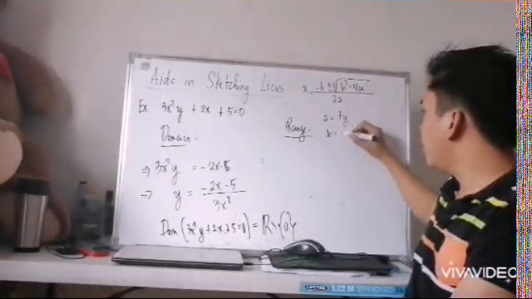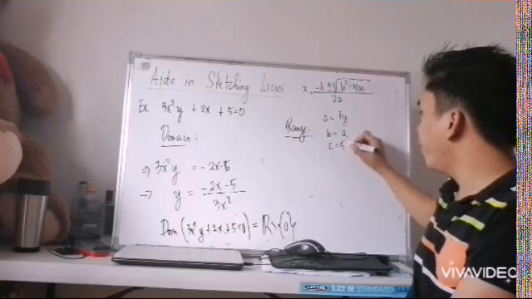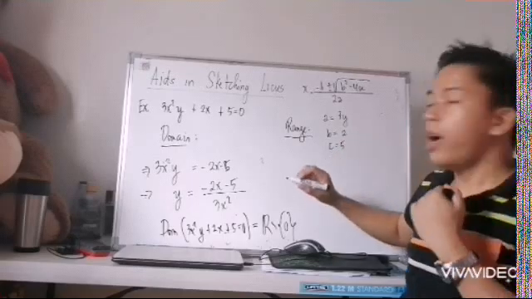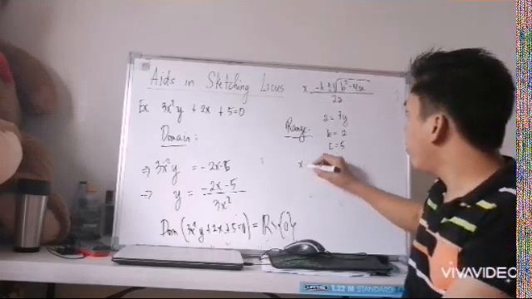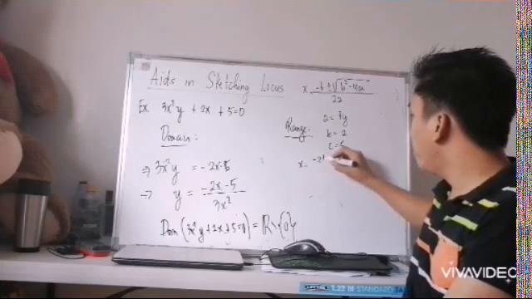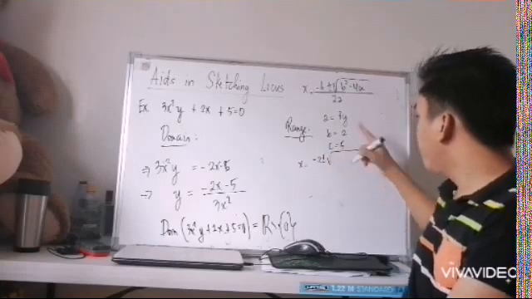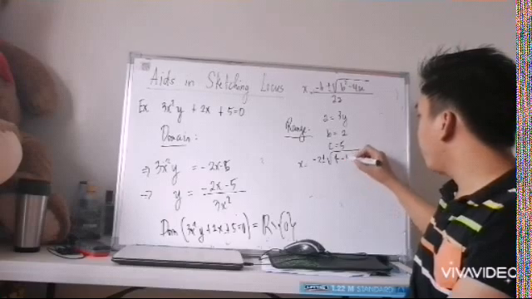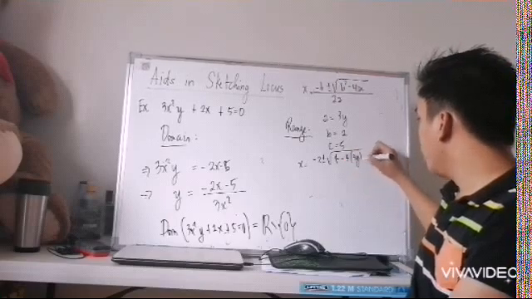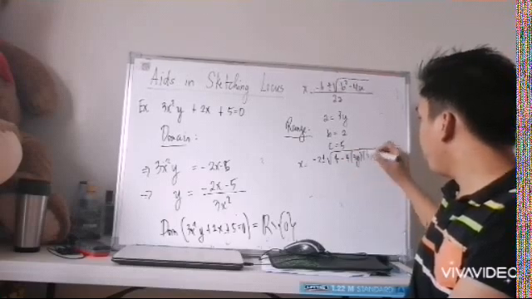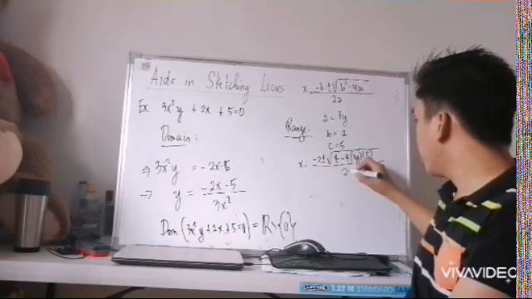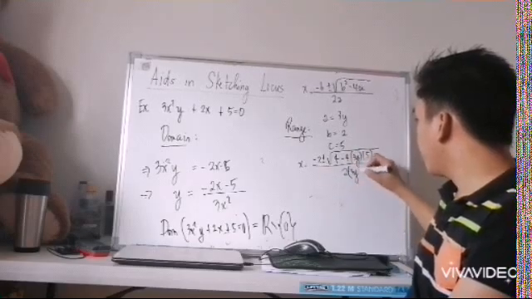My b is 2 and my c is 5. Hence, I'll have x equals negative 2 plus or minus the square root of b squared, so it becomes 4 minus 4a, and my c is 5, all over 2a, which is 3y.